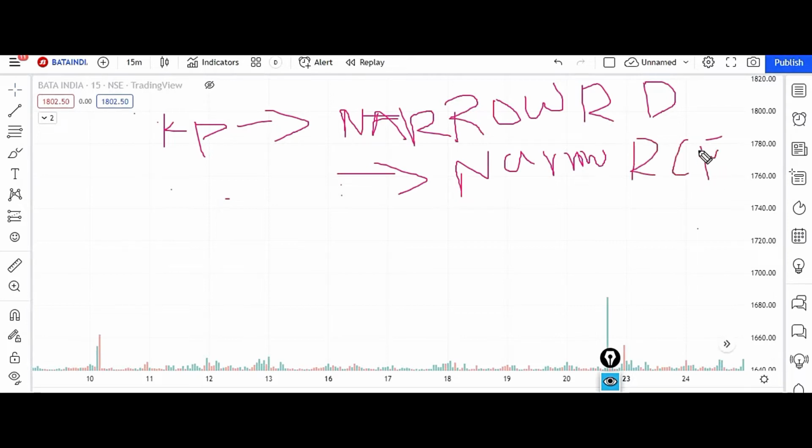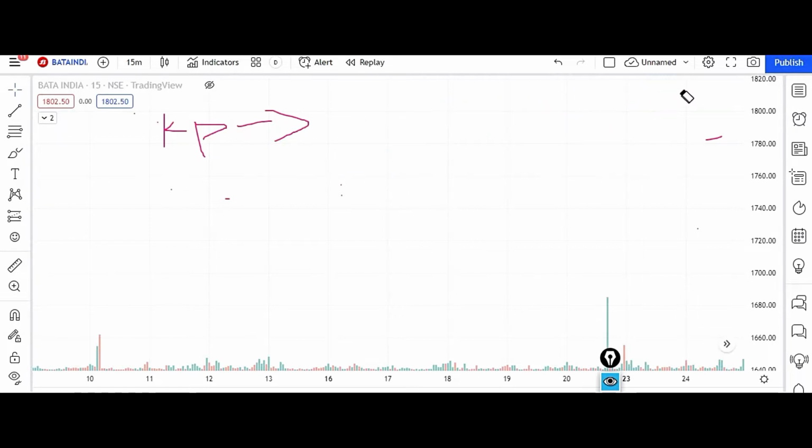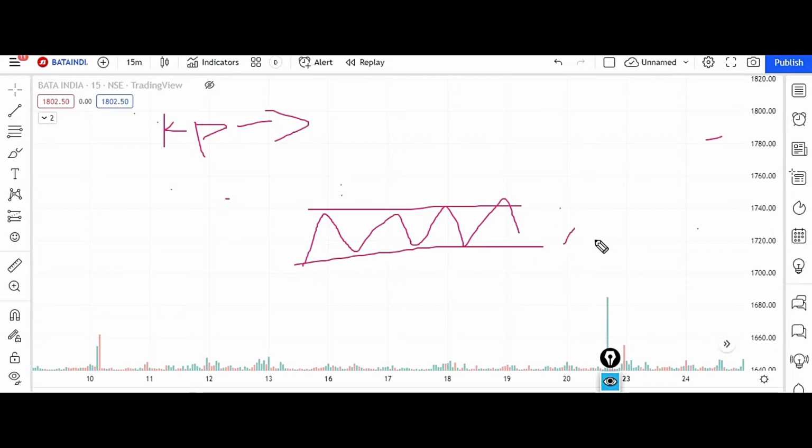What is a narrow range day? A narrow range day is when the price is sideways to choppy. Price doesn't move much, it doesn't make many highs and lows. If it is consolidated between certain levels, then it is called a narrow range day.